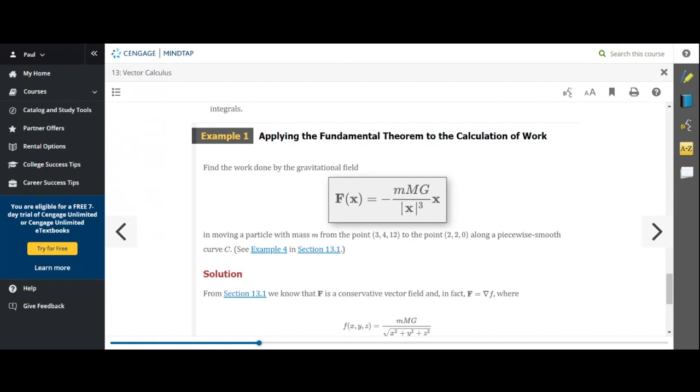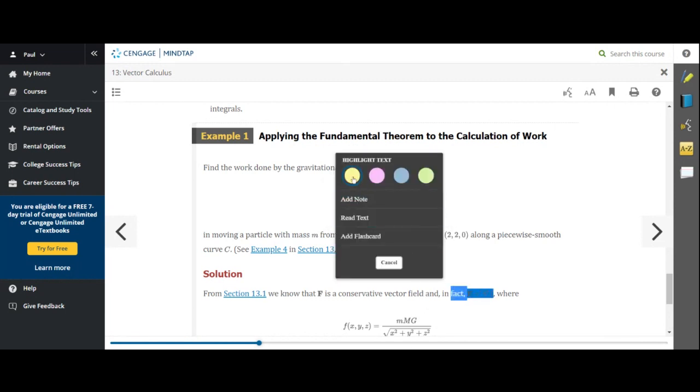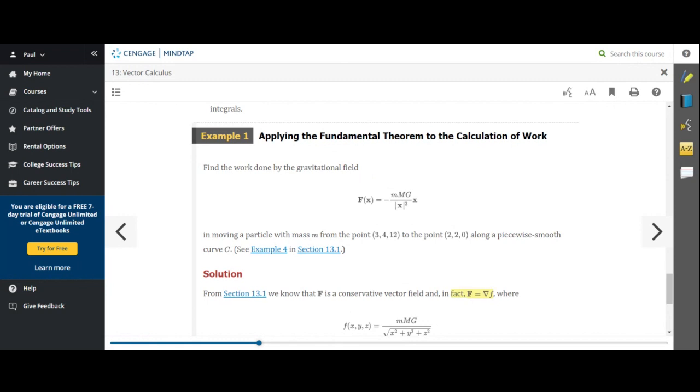Now, the question is, how can I determine if a vector field is conservative? As a reminder, for a conservative vector field, you have to find a function f such that the gradient of that function equals the vector field.